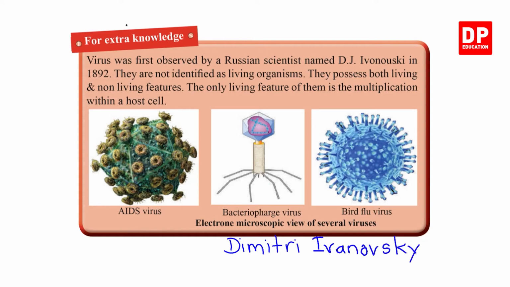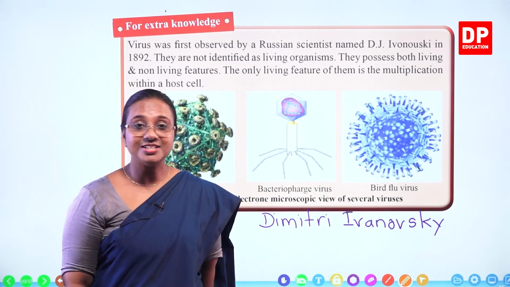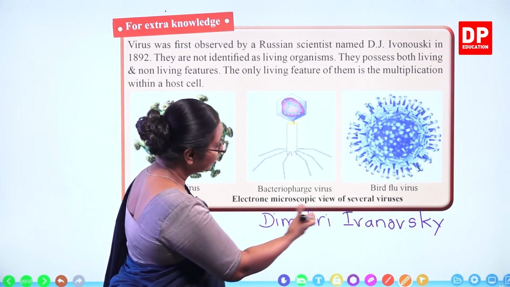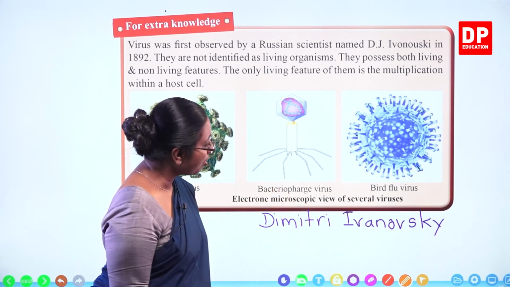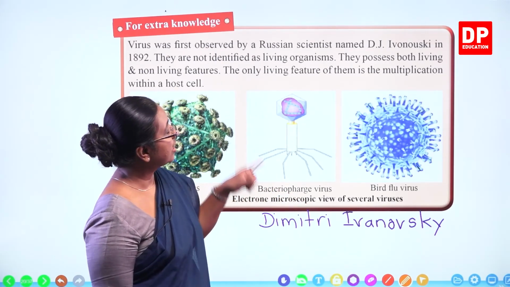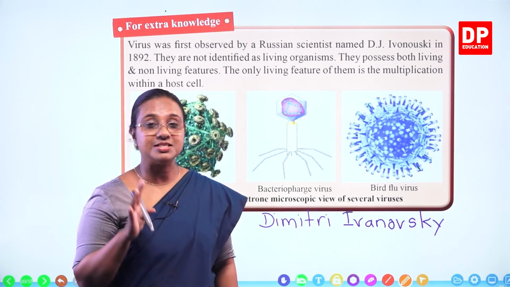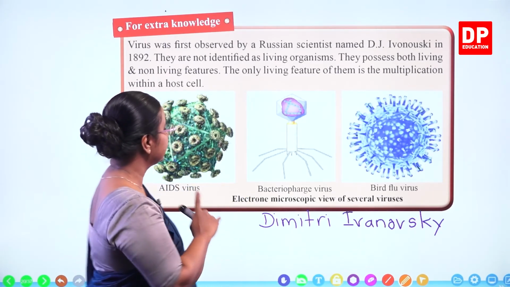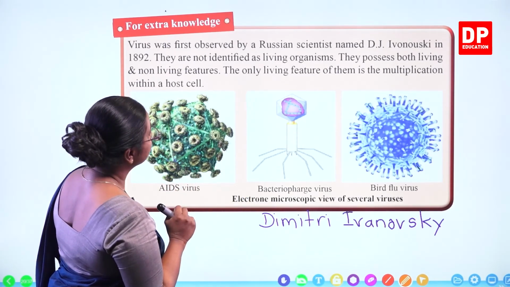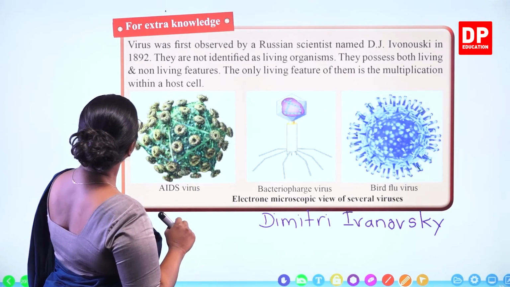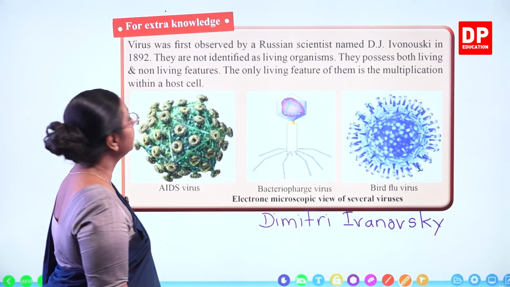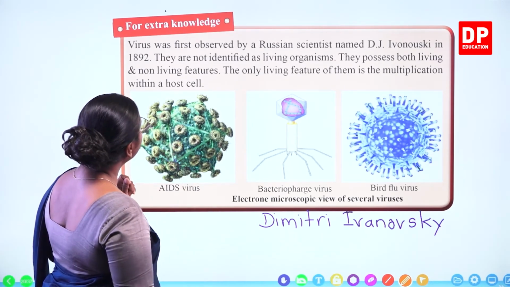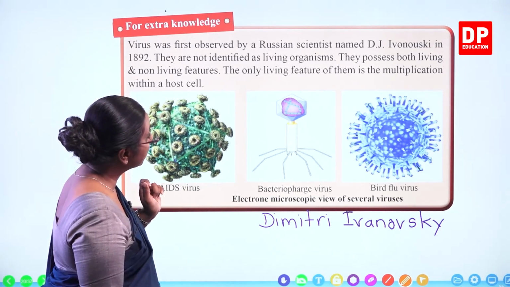He is a Russian scientist, so don't worry about the pronunciation of the name, but this is how normally it is spelled. So there is a difference in the spelling, but just remember about the scientist Dmitry Ivanovsky. So he is the scientist who identified viruses. That is in 1892. So they are not identified as living organisms.